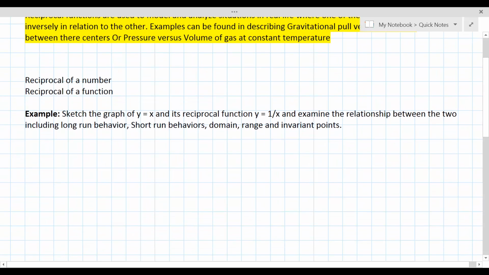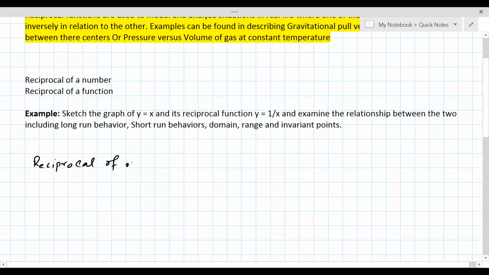If we want to define the reciprocal of a number, the reciprocal of a number is the number which, when multiplied by the given number, gives the answer 1.